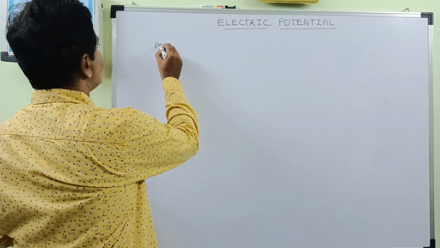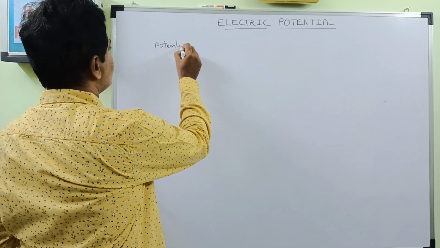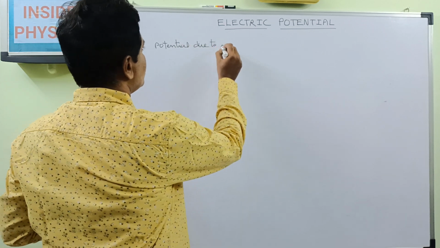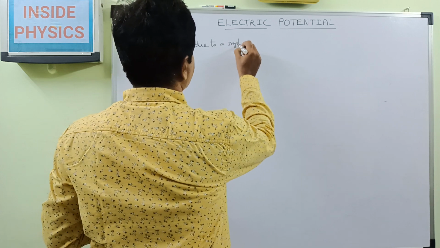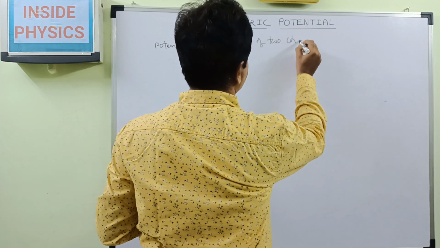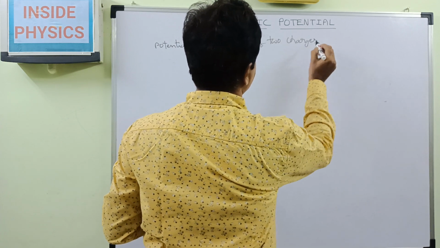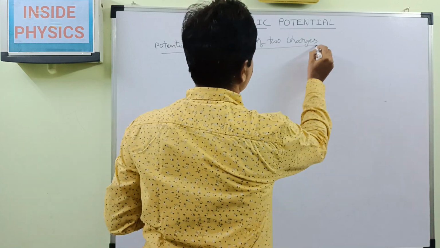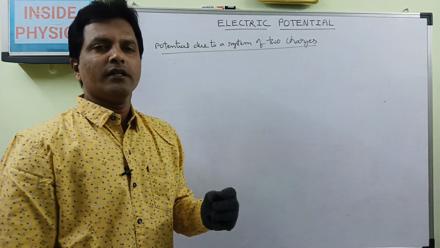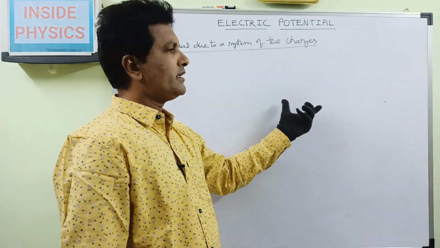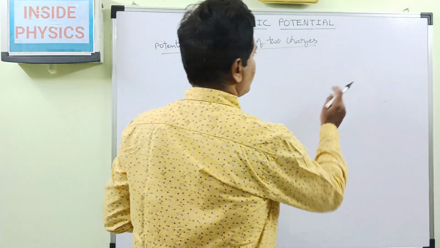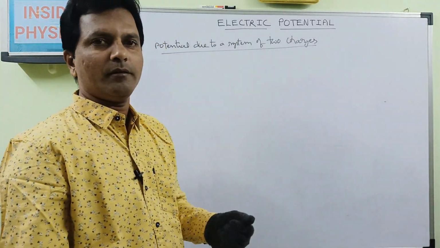Potential due to a system of two charges. A system of two charges means two similar charges placed at some distance apart. Because of that system of two charges, what will be the potential?